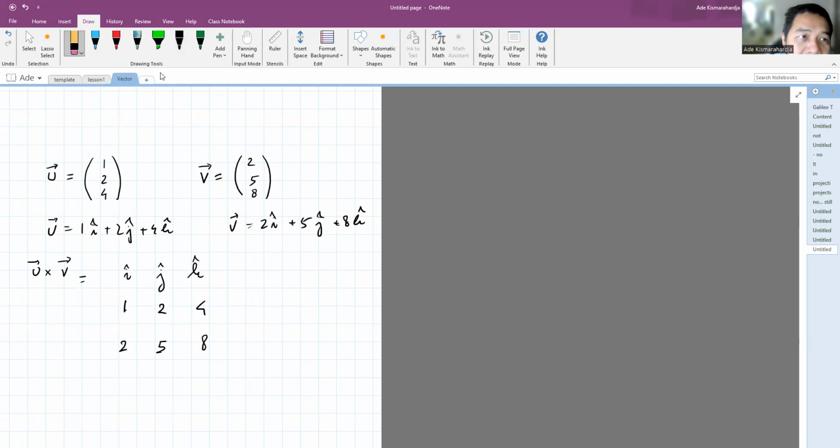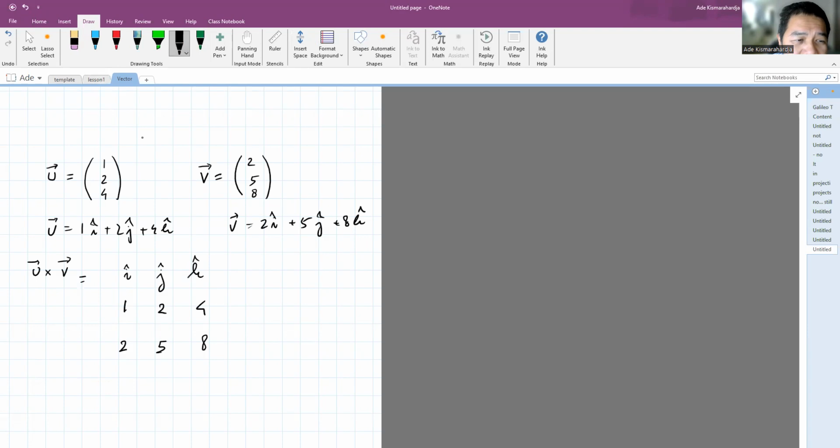Now, the method that I'm going to show you is called Sarrus method. This is just a general method. In this case, we use it to calculate the cross product, but you can also use Sarrus method to calculate the determinant later. We will do that later.